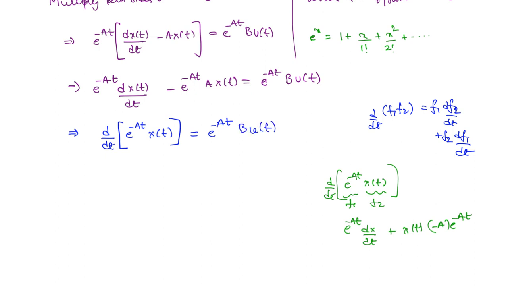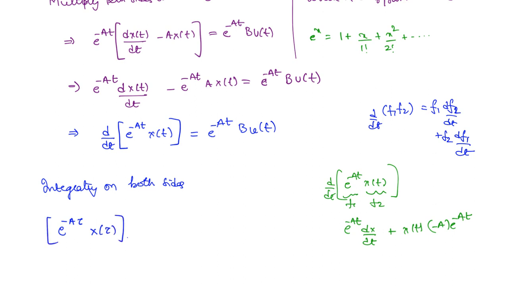So now if you integrate on both sides, integrating on both sides along with limits. Okay. So we will take the limits from t naught to some time t, till whichever point of time we need. Okay. So this is going to be e to the power minus a tau we will write, because the limits we are taking from t naught to t, into x of tau.